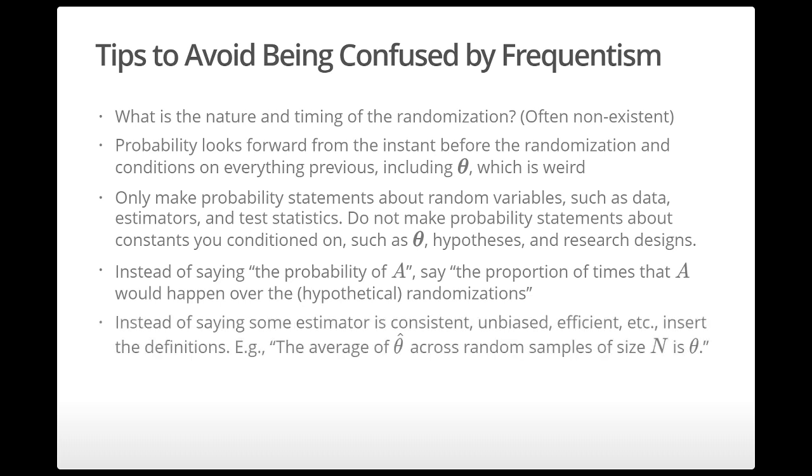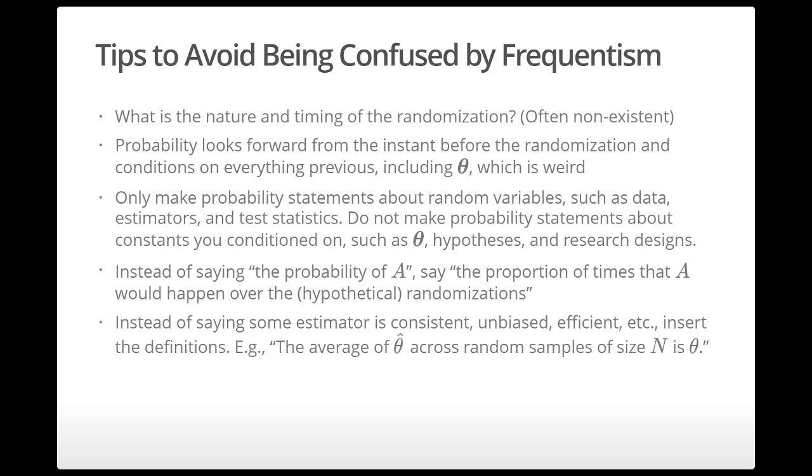Another thing along the same lines: frequentists have all kinds of buzzwords where they take a word that means something pretty uncontroversial in English, and then give it a different definition when used in a statistics or probability context. Instead of using the buzzwords, which whoever you're talking to most likely doesn't understand even if you do, instead of saying this estimator is unbiased, say the average of this estimator across random samples of size n is equal to the parameter we're trying to estimate.